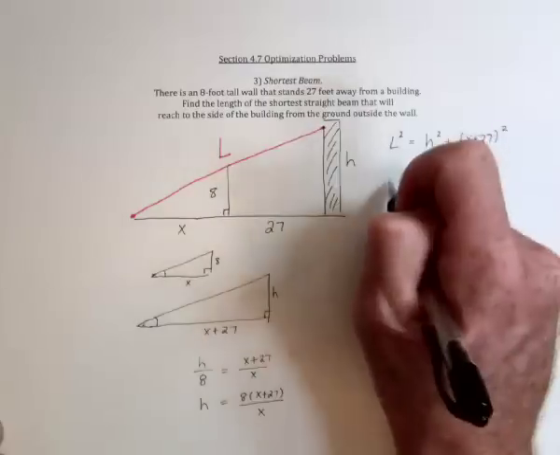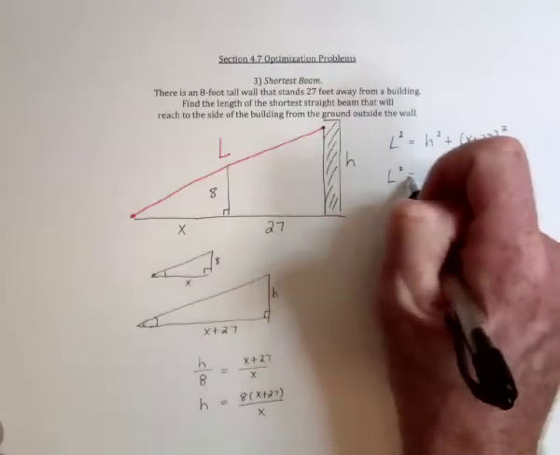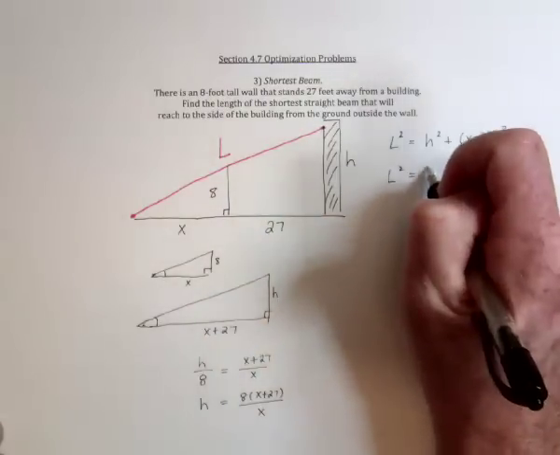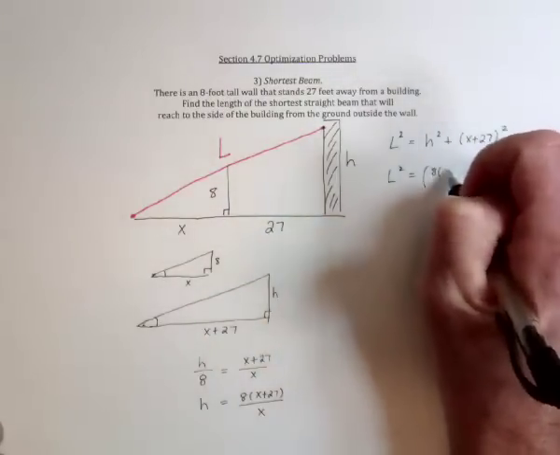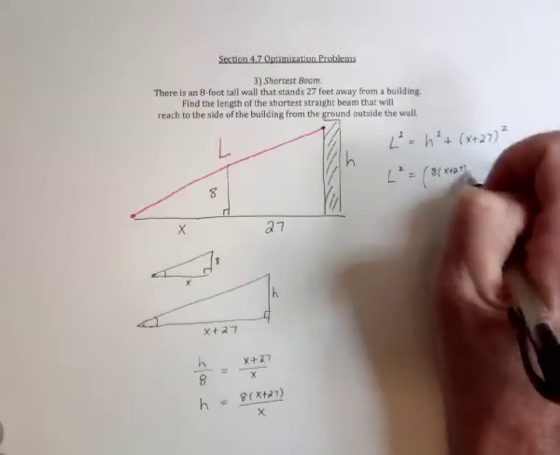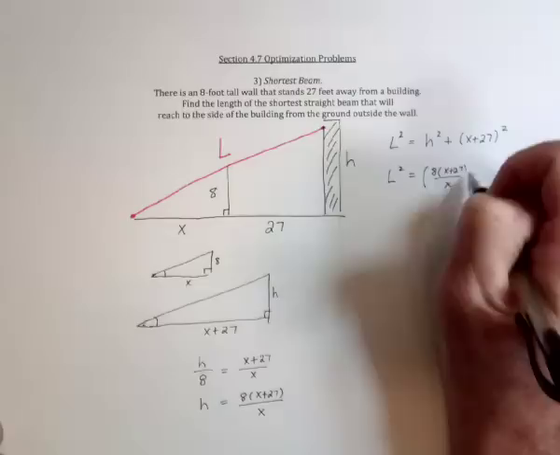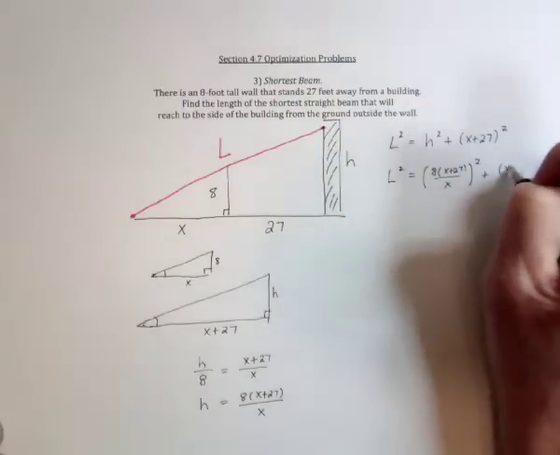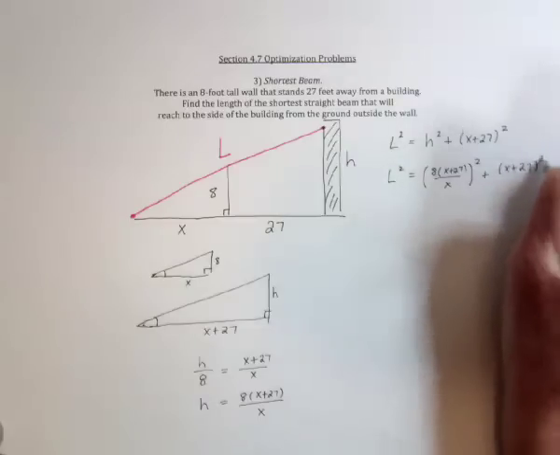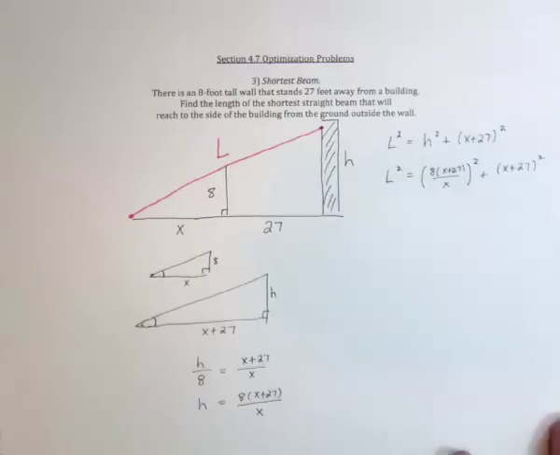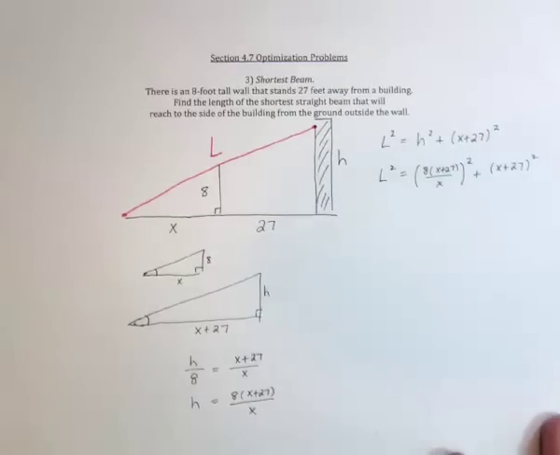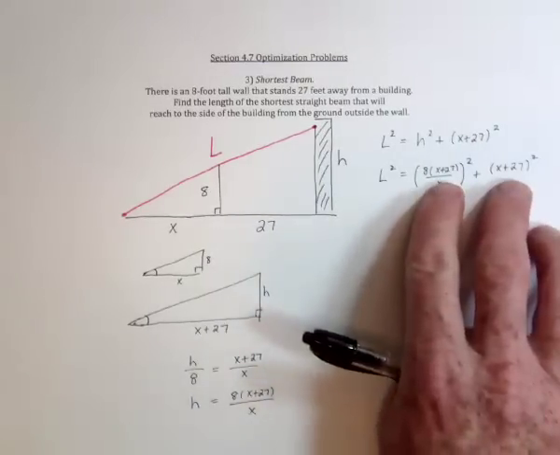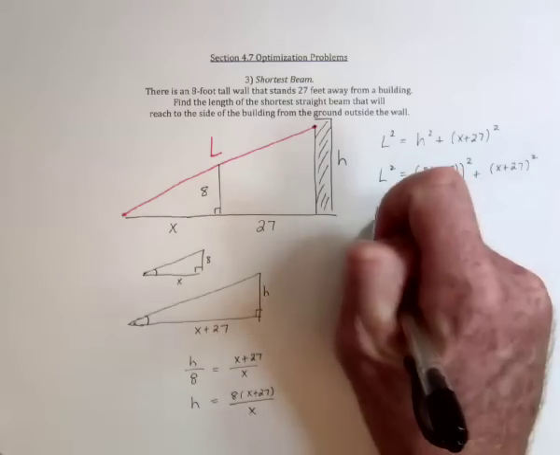All right, now substitute that into our L squared function. So it's going to be 8 times x plus 27 over x, that's squared, and then x plus 27 squared. And then notice that both of these have x plus 27 squared in them, so I could factor that out.